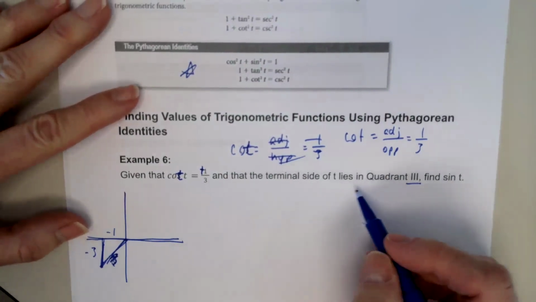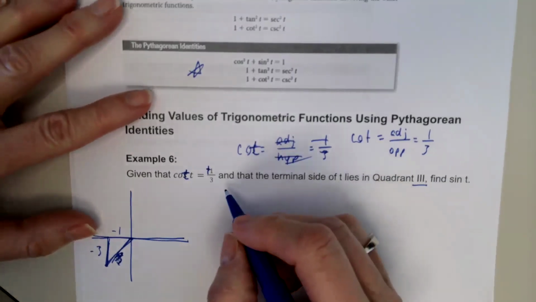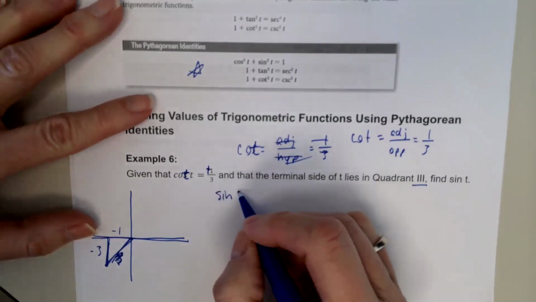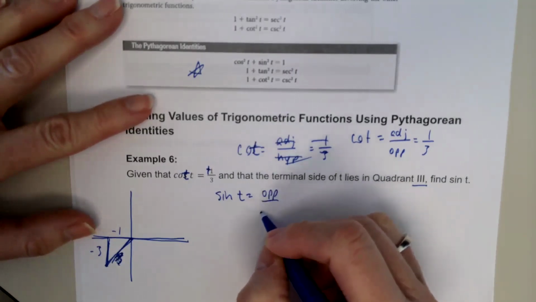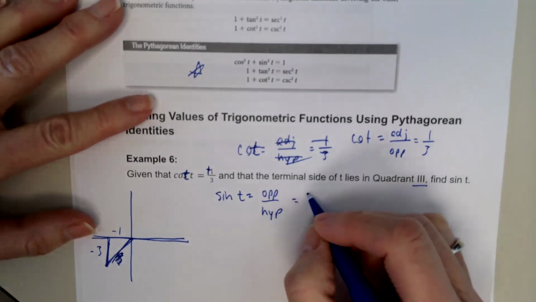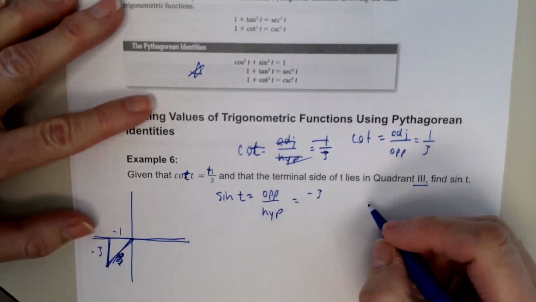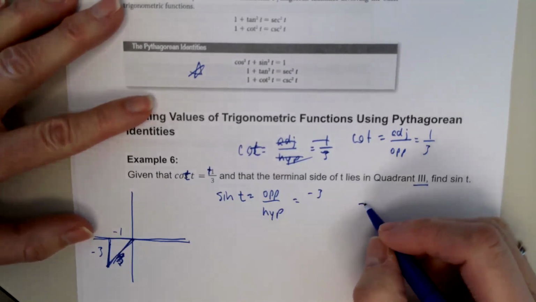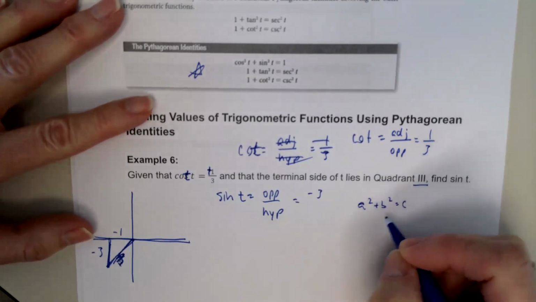And we want to find sine of t. So sine of t is opposite over hypotenuse. And right now we know the opposite is a -3, but we don't know the hypotenuse. So we have to use our Pythagorean theorem that says a squared plus b squared equals c squared.